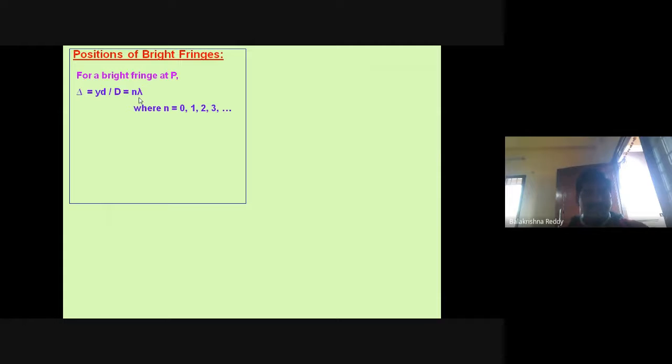Since n equals 1, 2, 3, 4, anything I substitute depends on the number of waves. Let us say if I substitute 0, then I get the central position, central maxima. If I put 1, I get lambda, the first bright fringe. Y equal to, I am making y the subject.